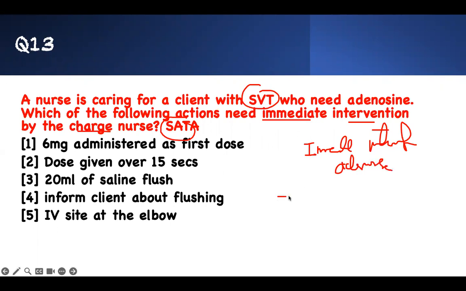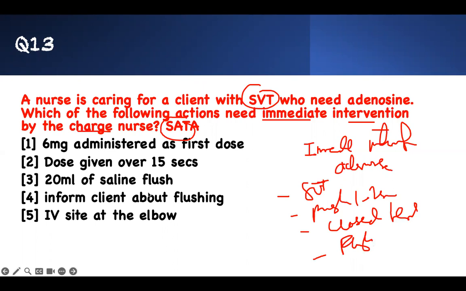I provide my teaching and say, adenosine is used for SVT, rewriting and giving my content. It has to be pushed really fast, over 1 to 2 seconds, and it should be given close to the heart. And then you flush it.